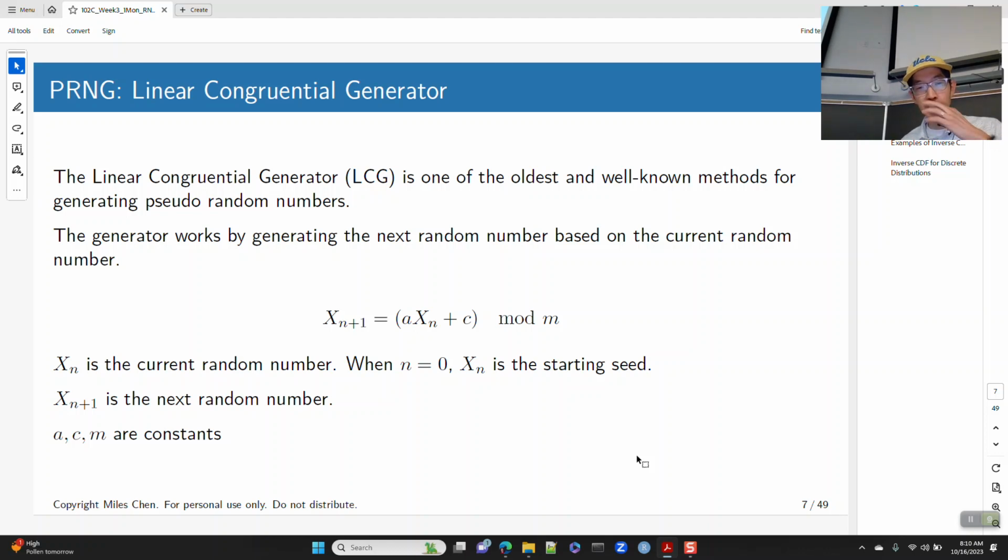The way it worked was you start off at some arbitrary number, you multiply it by some constant a, and then you add another constant c, and then whatever that result is, you do modulo another value m, and then you take whatever value that produces, and this often would produce some kind of number that could exhibit random properties.